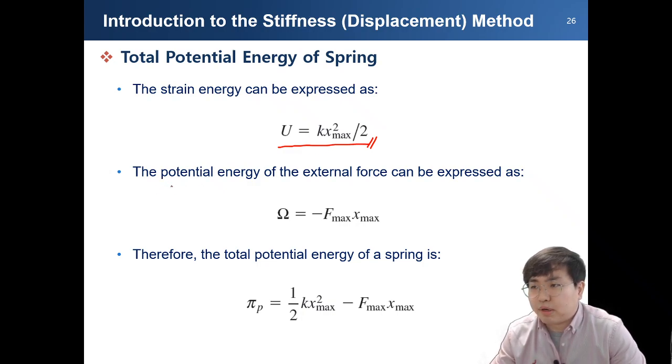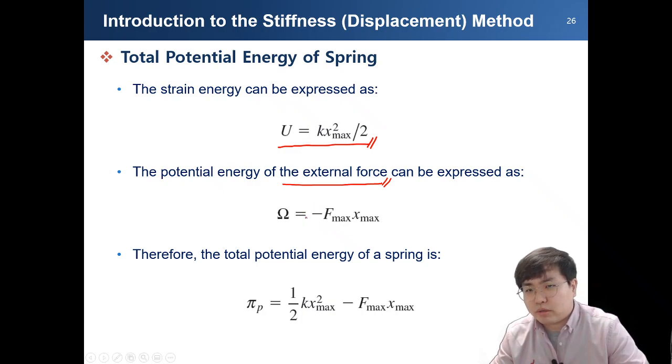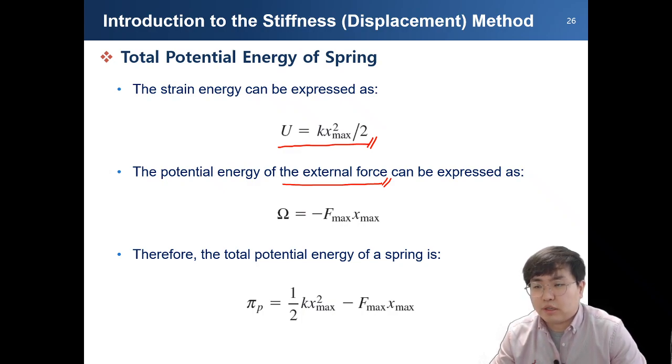And then the next part, the potential energy by the external force, can be expressed like this. But I missed this negative sign. Due to the direction or the stored energy, when we apply external forces, the system's total energy will decrease, so we need a minus sign here.